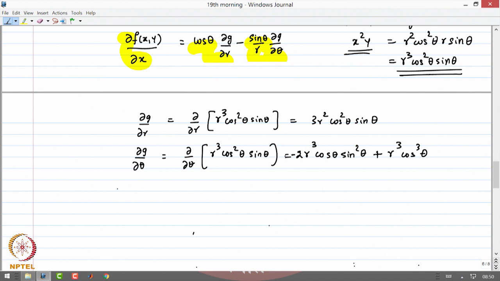Now, if we calculate ∂f/∂x, then it is equivalent to doing this multiplication. So, multiply cos θ with ∂g/∂r.